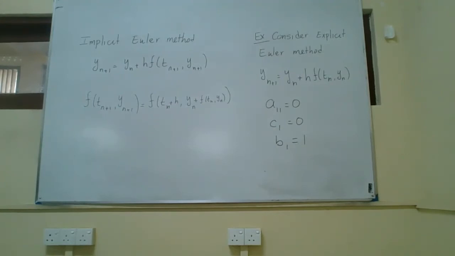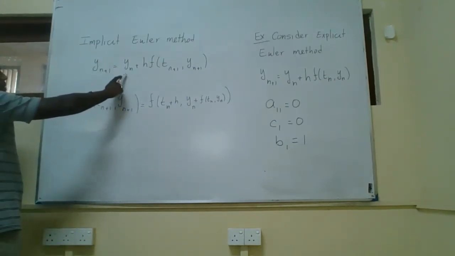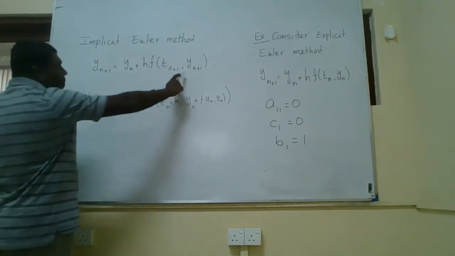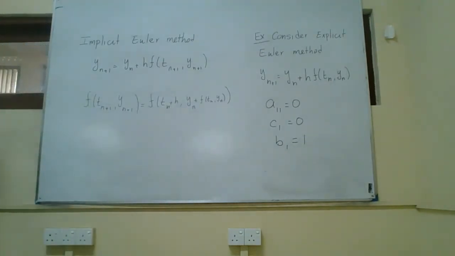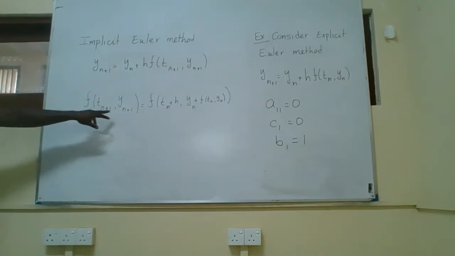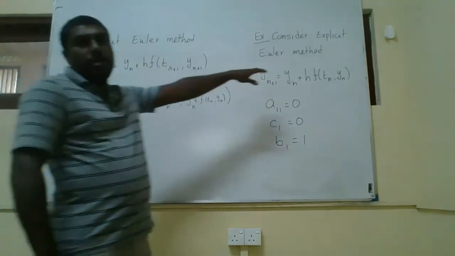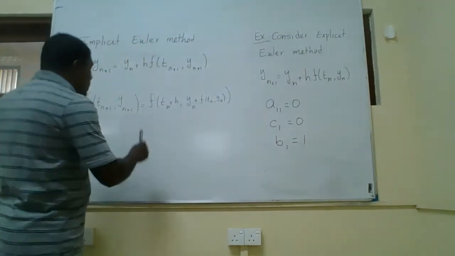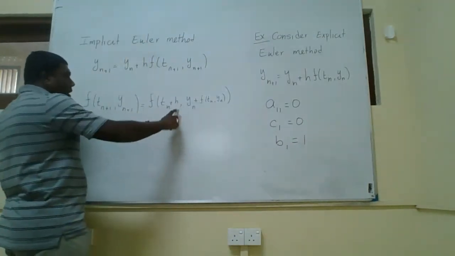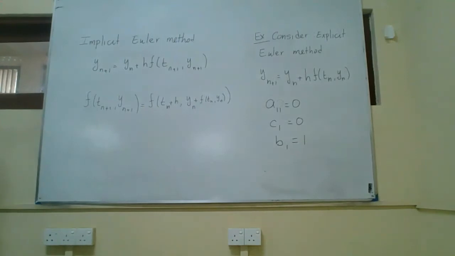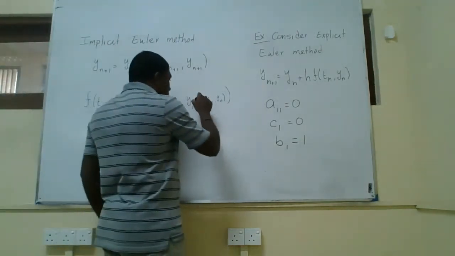Okay, right? So you know this. It's because if you look at the implicit Euler method, y_{n+1} equals y_n plus h times f of t_{n+1}, y_{n+1}. But for t_{n+1}, y_{n+1}, by using the explicit Euler method, you can represent this as t_n plus h, because t_{n+1} is obviously t_n plus h.